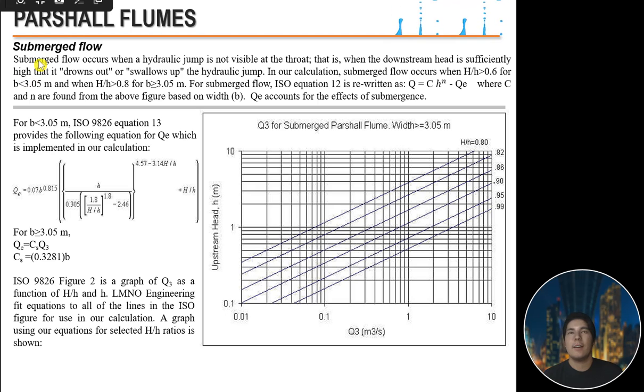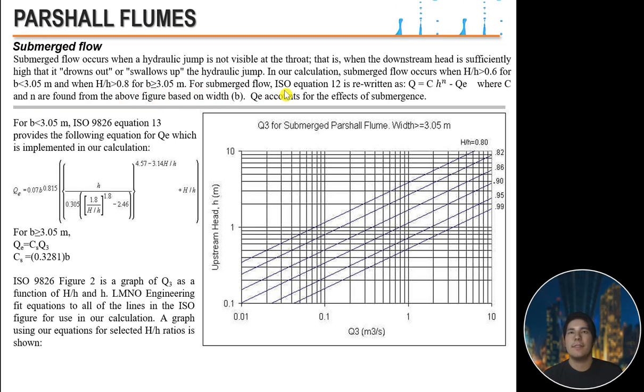So we have also submerged flow, which occurs when the hydraulic jump is not visible at the throat. That is when the downstream head is sufficiently high that it drowns out or shallows up the hydraulic jump. So in our calculation, submerged flow occurs when h2 over h1 is greater than 0.6 for b less than 3.05 meters, and h2 over h1 greater than 0.8 for b greater than or equal to 3.05 meters.